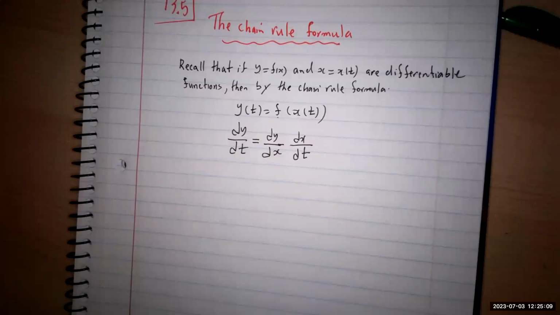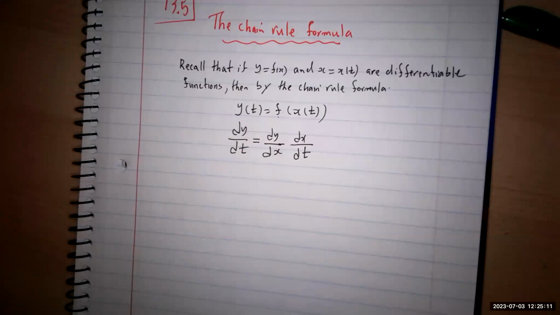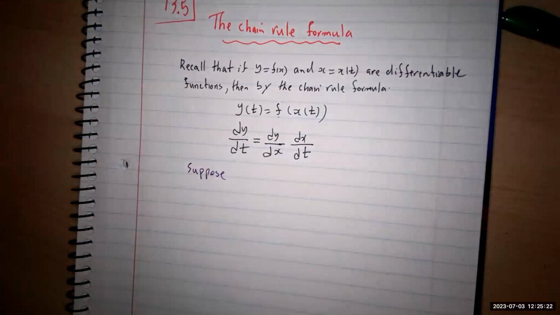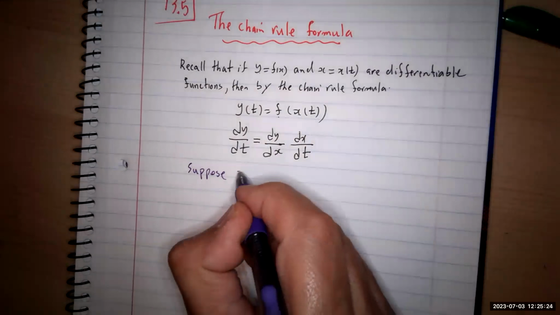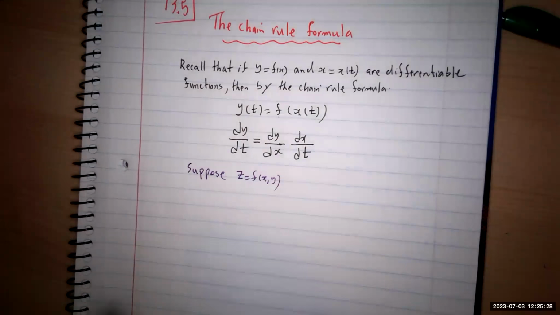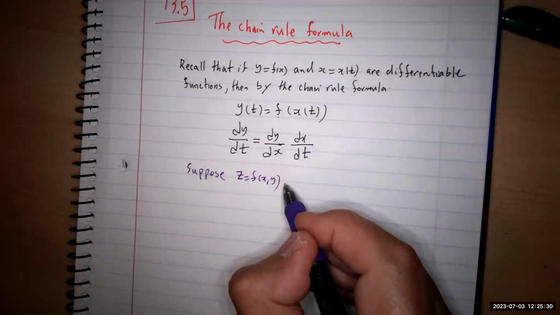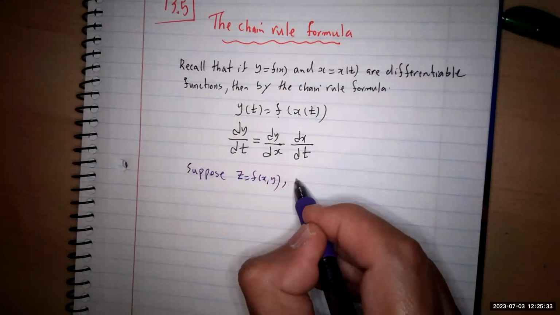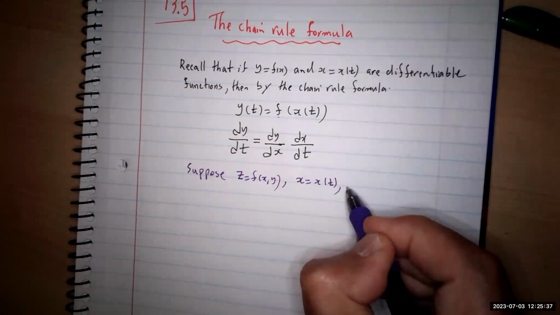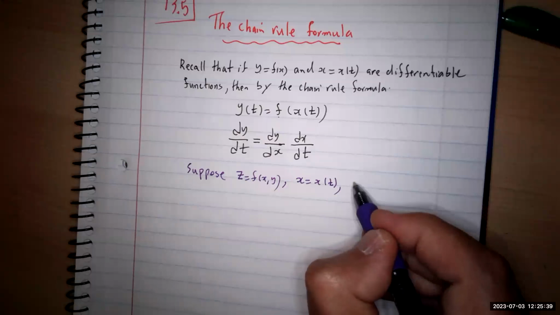Now, if you want to extend this to a function in higher dimension, where the function is going to be of two variables, suppose in two dimensions you start with z equal to f of x comma y. Then your x is going to be a function of t, and your y is going to be a function of t.